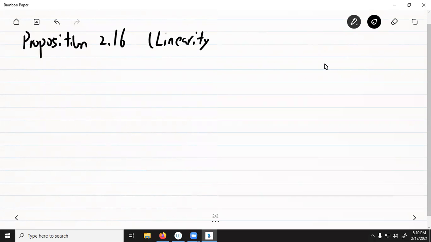So now let's look at what is called the linearity property, Proposition 2.16.